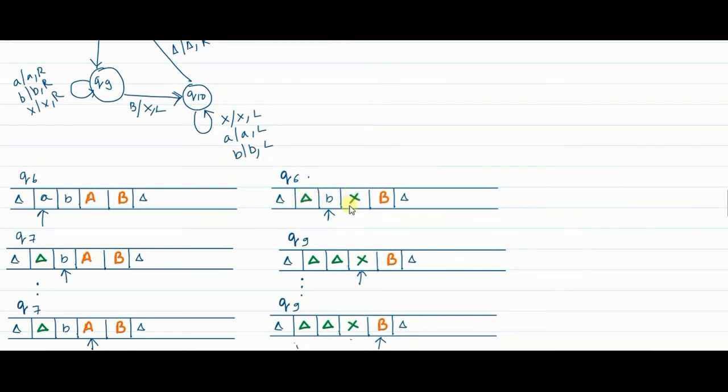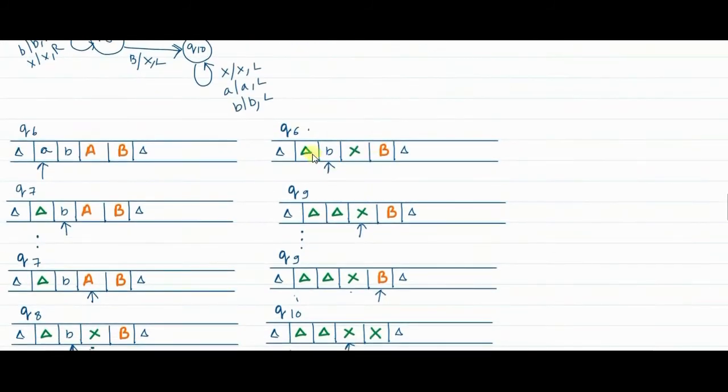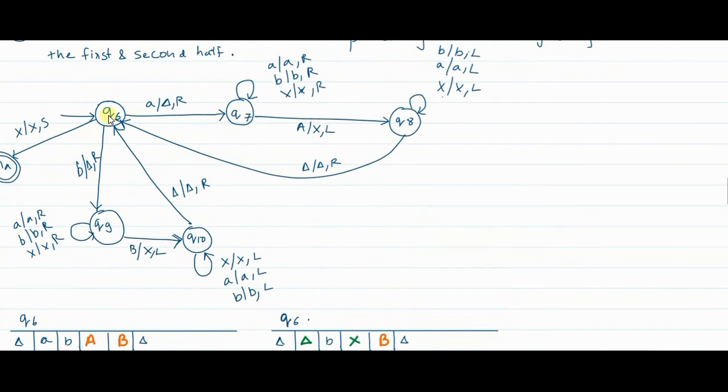Now in the second iteration, we are trying to match this one and this one. Now in Q6 state, if B is encountered, if A is encountered, this iteration.